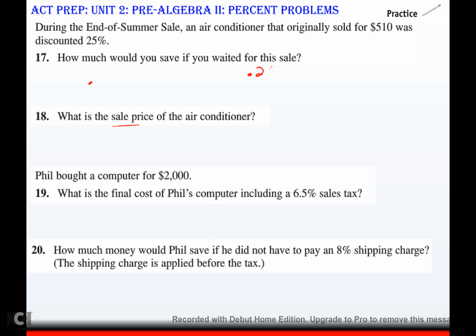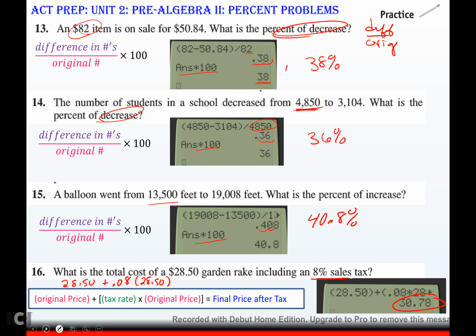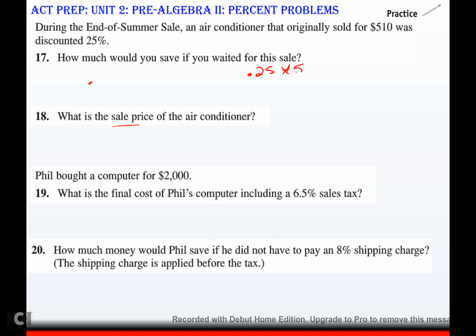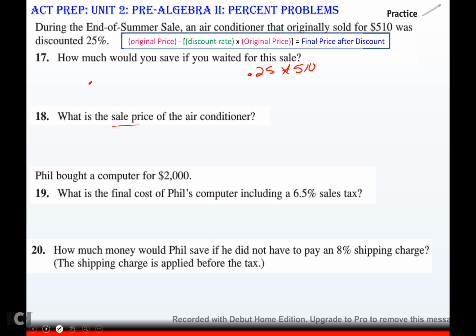You're saving 25% of, which is times, 510. So if I type that in, 25% of 510 is 127.5. So now that's what you're going to save.